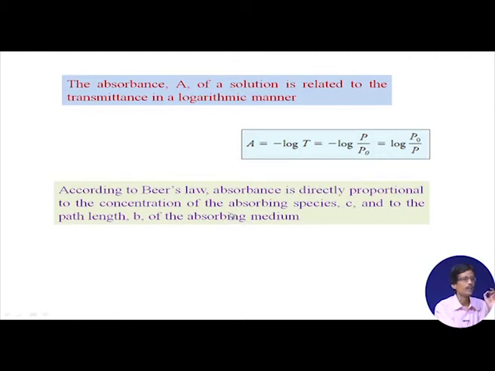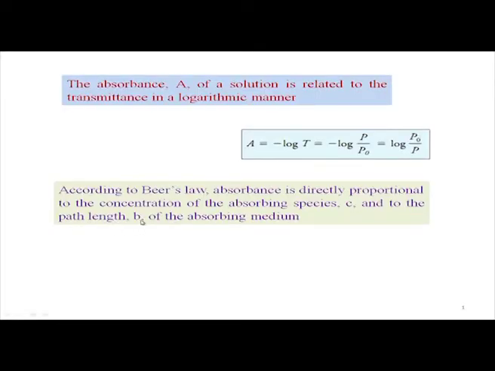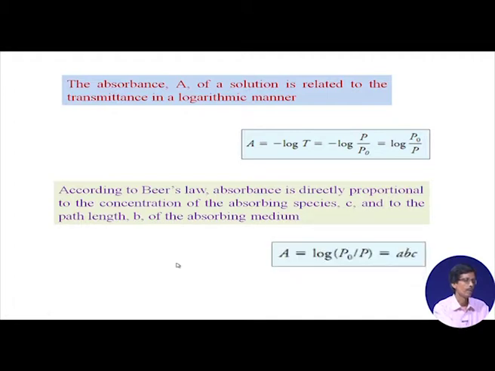It is nothing but the C of the absorbing species, which is responsible for your color, and to the path length b. So, you see that though we are calling it Beer's law, the incorporation of path length b in the relationship, that means the thickness of the cell or the cuvette, is coming from Lambert's law.